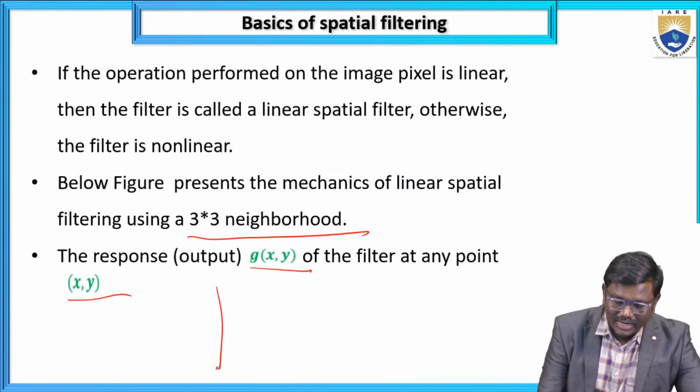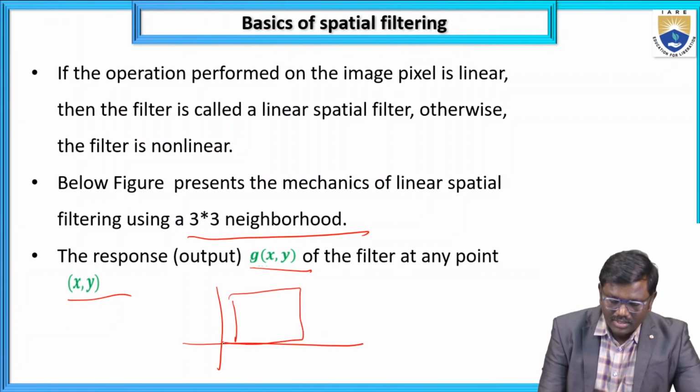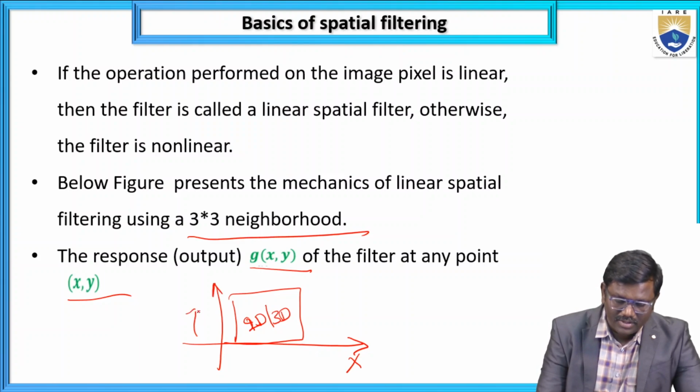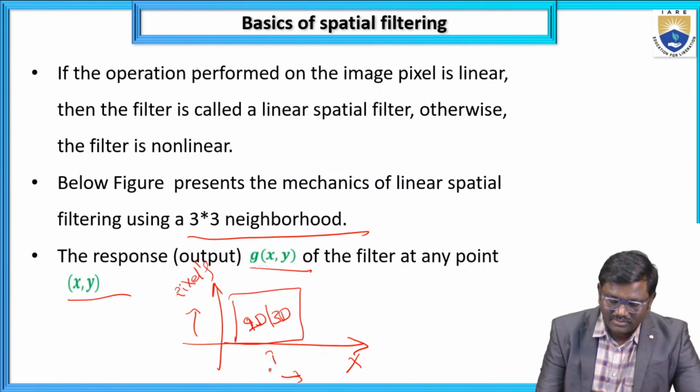You are taking an image, which may be a 2D image or 3D image. The x-axis and y-axis are the pixel positions, and the intensity of the pixels is kept as variation along the x-axis and y-axis with respect to the domain of the image.